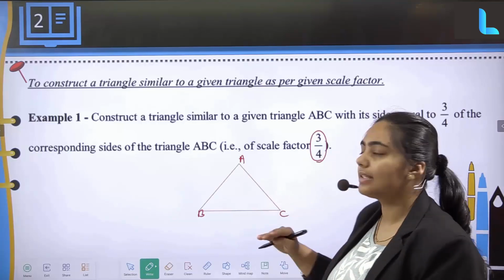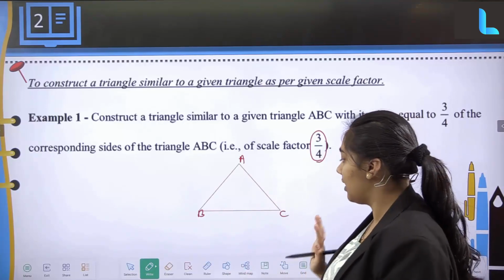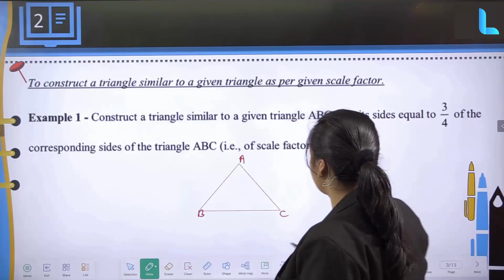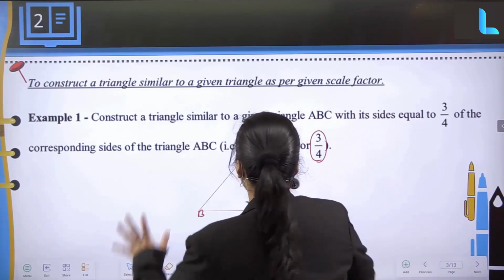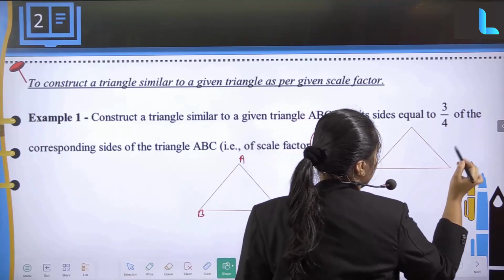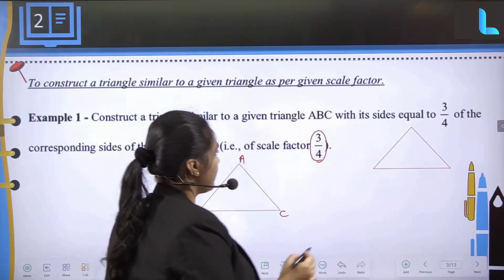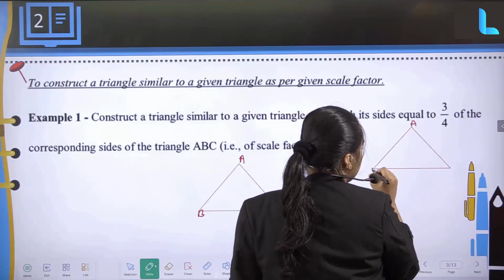You have to draw a similar triangle to this. So first, how are we going to do it? Let me just make you understand without reading any theory. This is my triangle ABC, right?